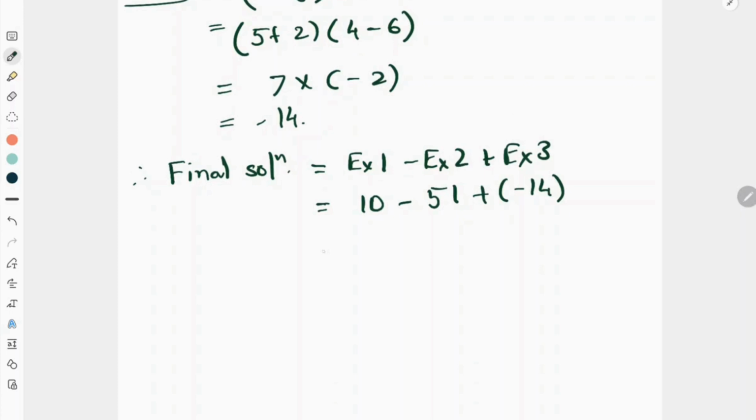Plus minus 14 is just minus 14, which is 10 minus 51 minus 14. 10 minus 51 is minus 41, minus 14 is minus 55.